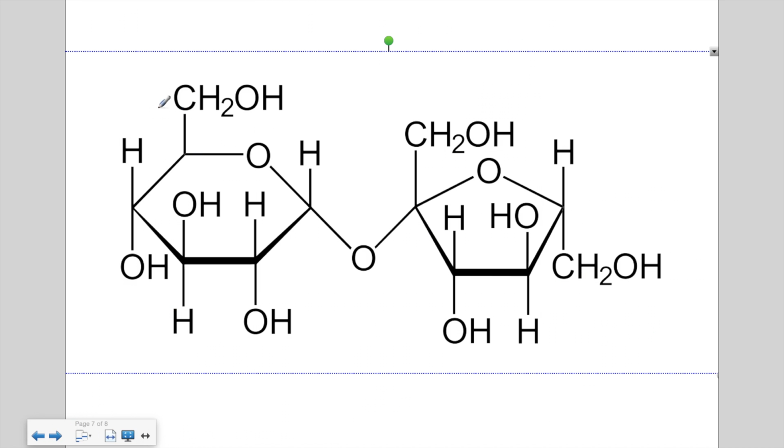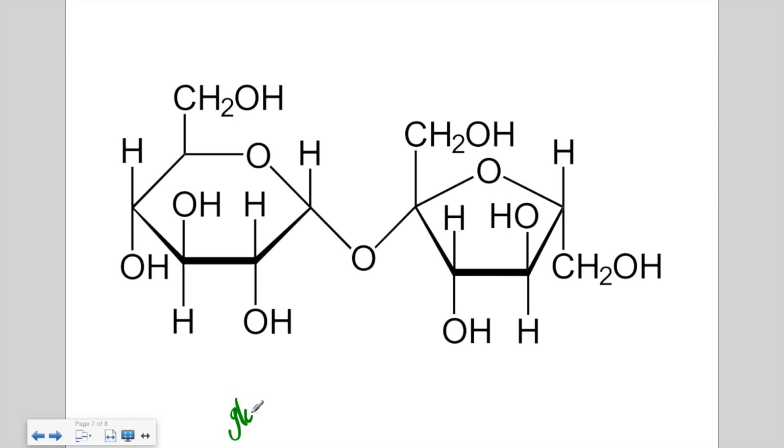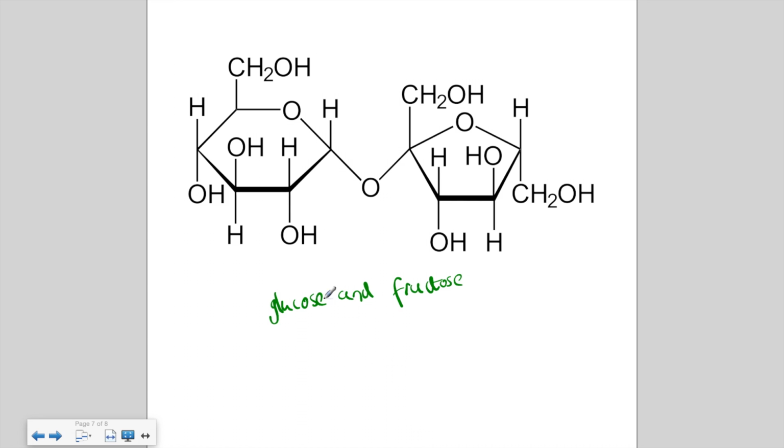Okay, so we look at sucrose and we can see that it is a molecule made up of 2 sugar monomers, glucose and fructose. Both glucose and fructose on their own, as the single molecule, would be reducing agents.